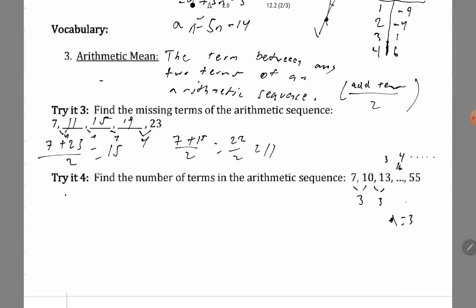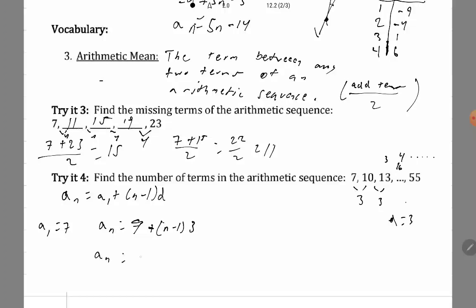So first we write out our equation. a sub n equals a sub 1 plus n minus 1 times d. And our first term is 7. So when I plug it in, a sub n equals 7 plus n minus 1 times d, which is 3.